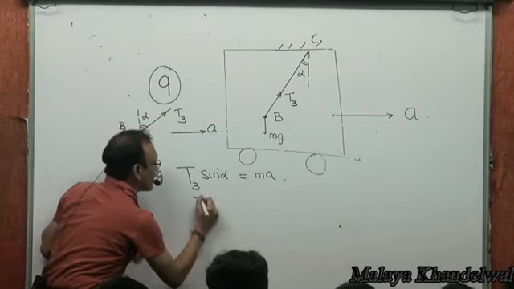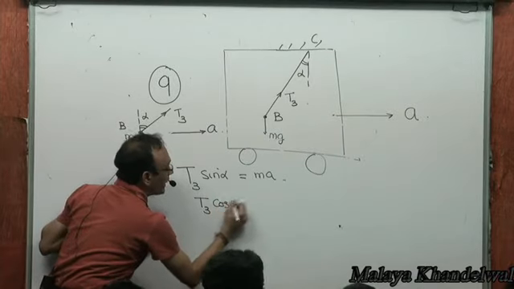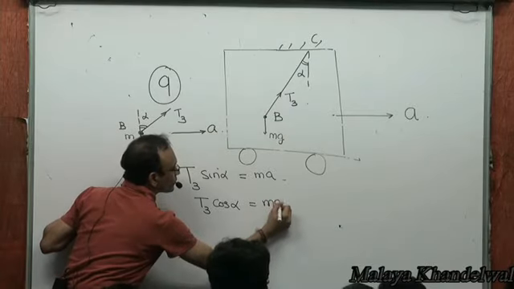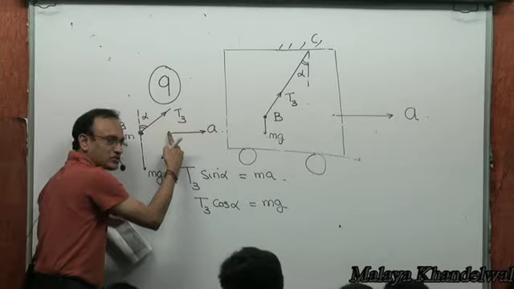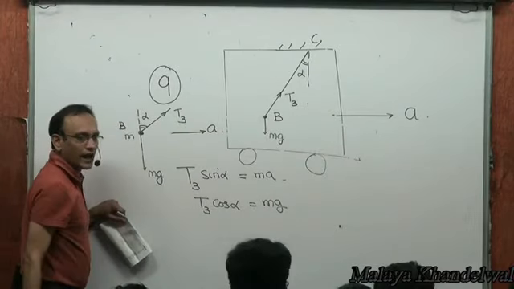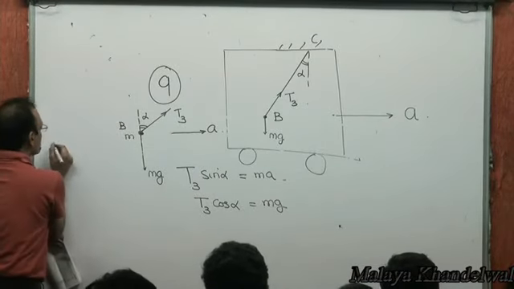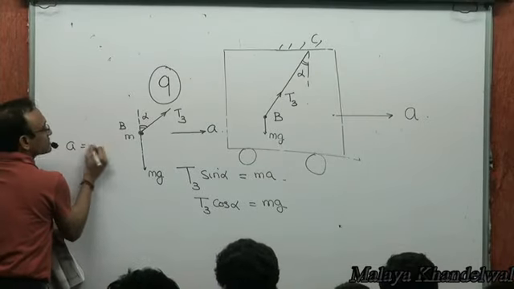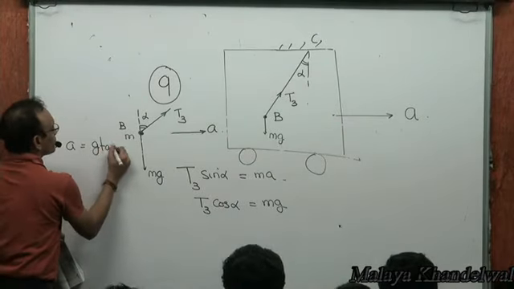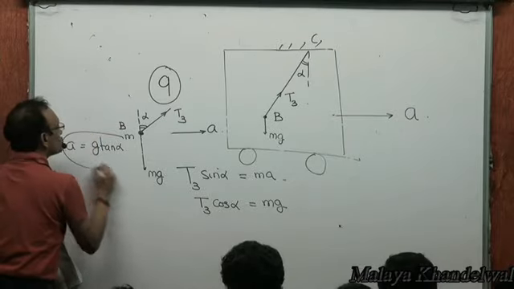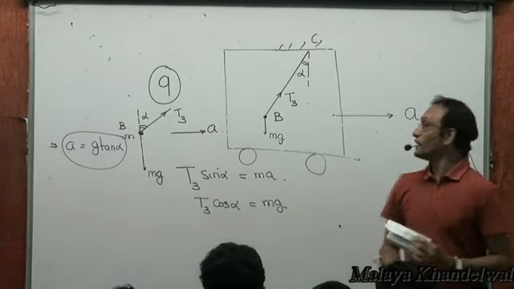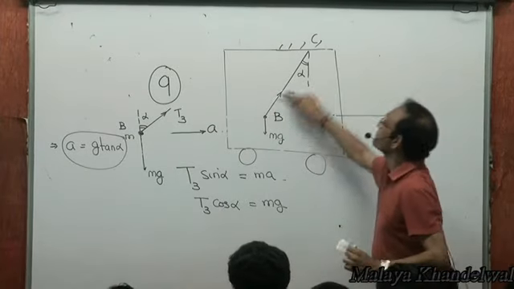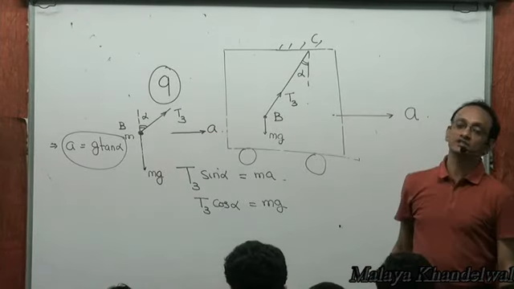That means T3 cos alpha must take care of the weight, so that there is no acceleration in the vertical direction. M only has a horizontal acceleration, same as that of the carriage. And then dividing this by this, you get A is g tan alpha. So the acceleration that the carriage must have should be g tan alpha, so that the string maintains a disposition of this kind.